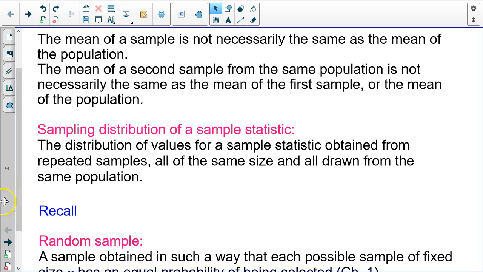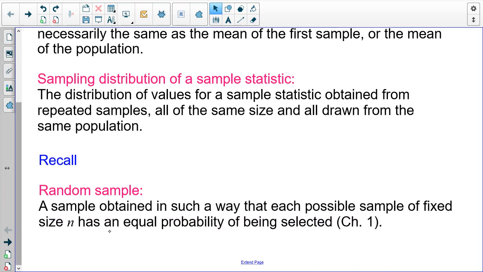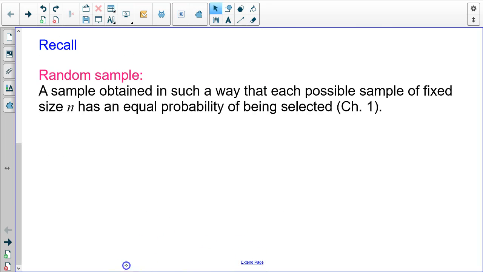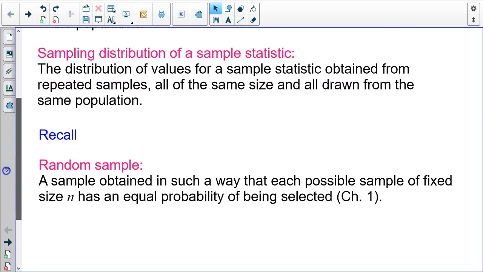And then just recall, because this was way back in chapter 1, a random sample is a sample obtained in such a way that each possible sample of fixed size n has an equal probability of being selected. Completely random, right? Yeah, did you fill in all your blanks on this page?